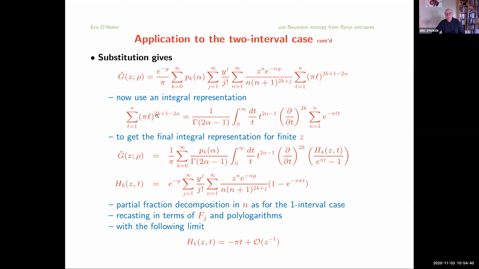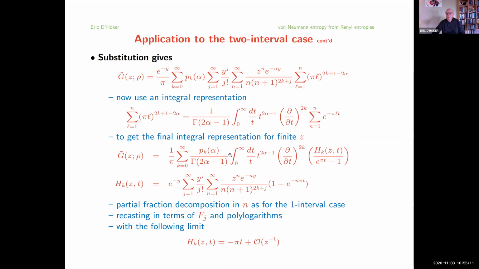And to get the right powers of 2k, you write this as a derivative of order 2k of this sum. So this is still a sum to a finite integer, but this sum can actually be done exactly and gives you something like 1 minus e to the minus n pi t over the same thing where n is equal to 1.